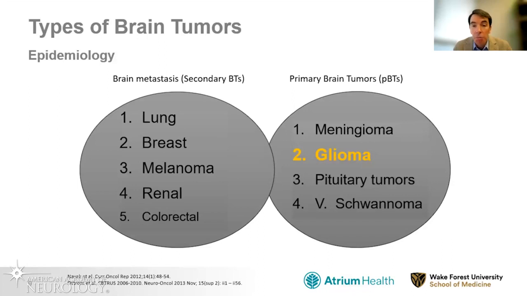The other half of brain tumors are primary brain tumors. And we think of four most common tumors that we see on the brain: meningiomas, gliomas, pituitary tumors, and vestibular schwannomas. And what you're seeing in the colors here is that three of those are actually benign tumors that are not a cancer. That's meningioma, pituitary adenomas, and vestibular schwannomas. And the cancer that we see is glioma.